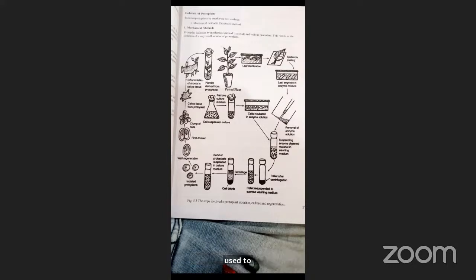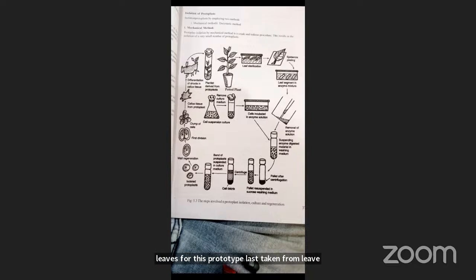Now the advantage of the enzymatic method is that it gives a good yield of viable cells. Now the next one, isolation of protoplast from the leaves.